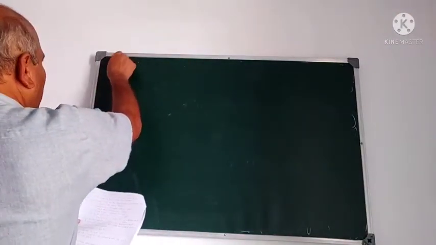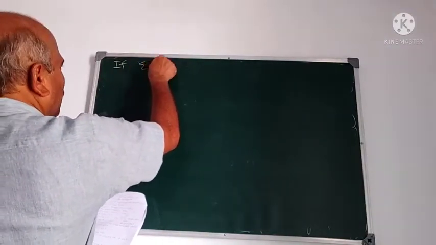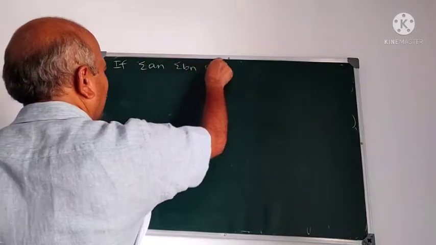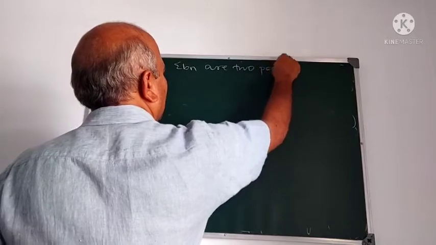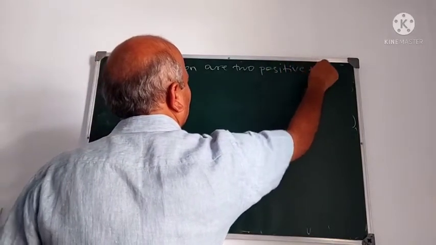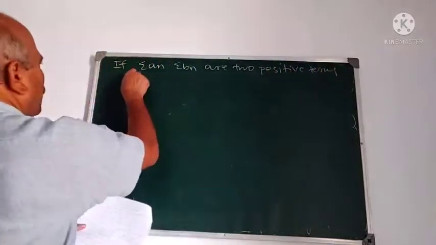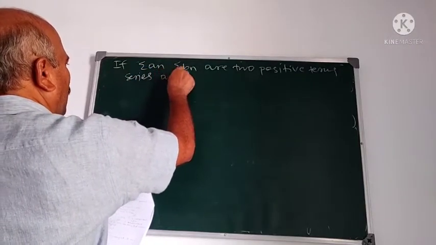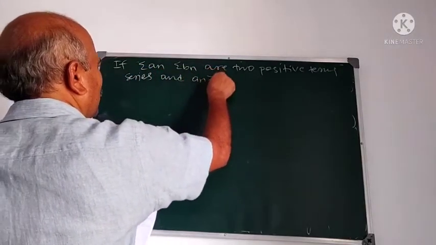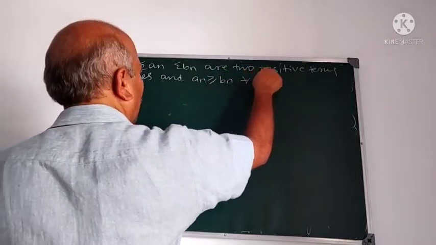Second, if sigma an, sigma bn are two positive term series and an is greater than or equal to bn for all n greater than k.